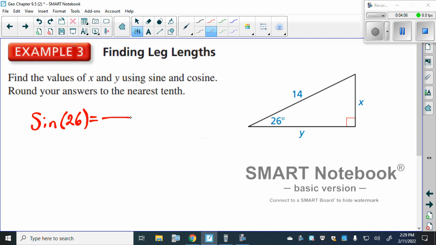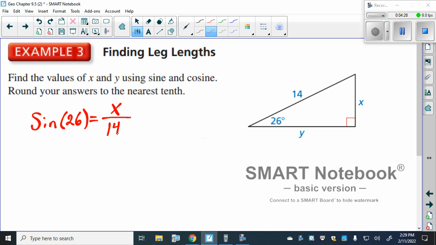It's the opposite side length over the hypotenuse. What is the side opposite the 26 degrees? So x over the hypotenuse. Well, what's our hypotenuse? So we have x over 14. Now we just need to solve for the value of x.